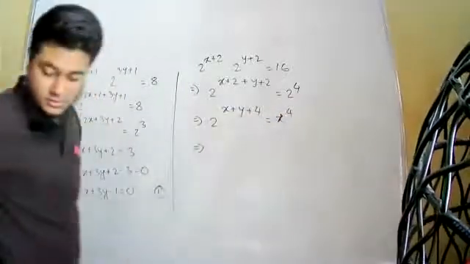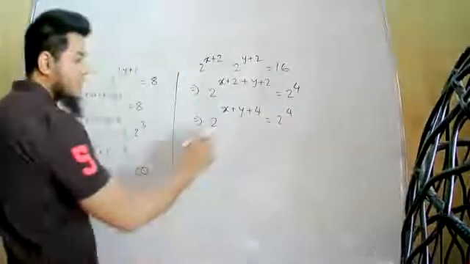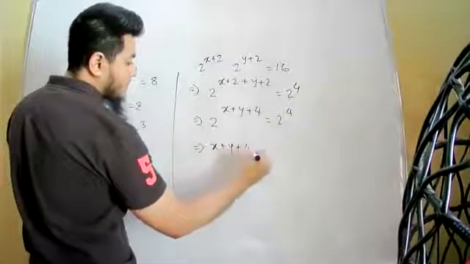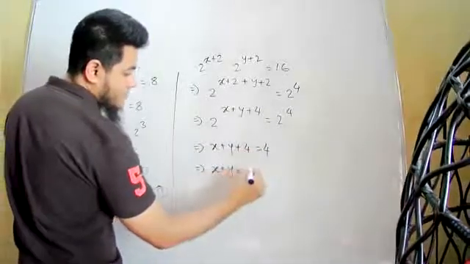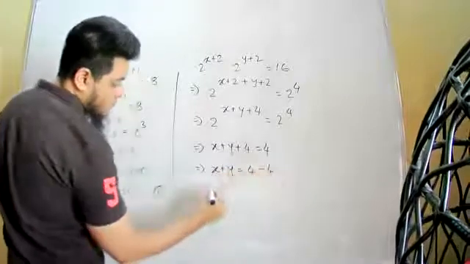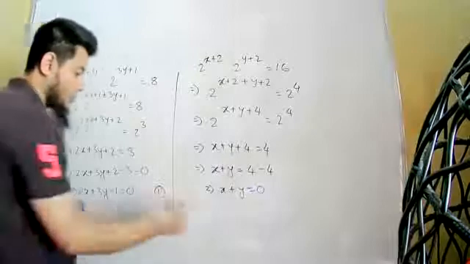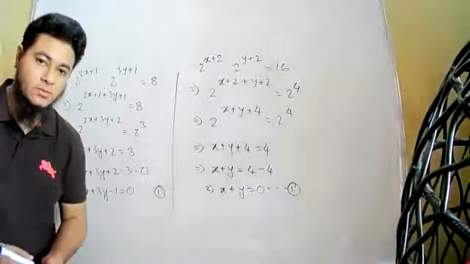So not x, 2. The base is the same, so the powers will be equal. Again, we have two equations. You can use any of the methods to solve these two equations and find the values of x and y.